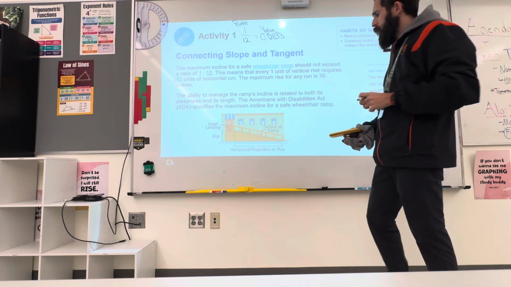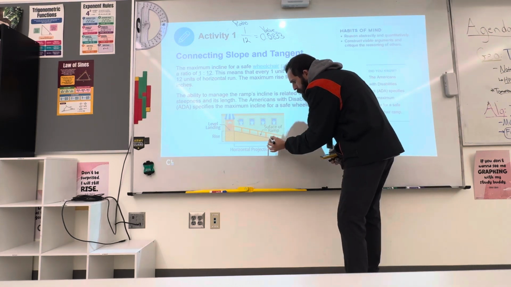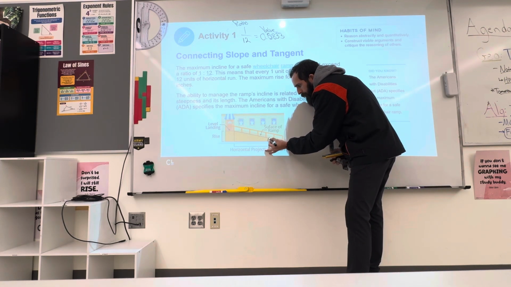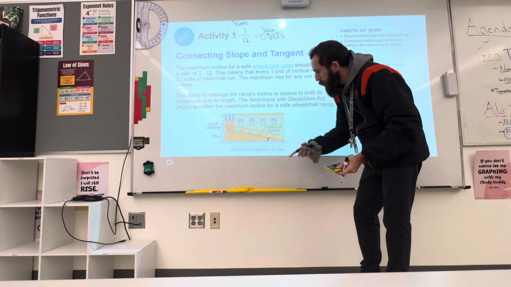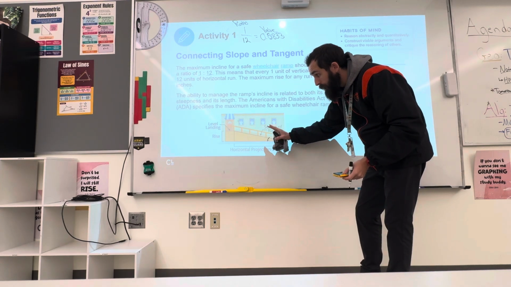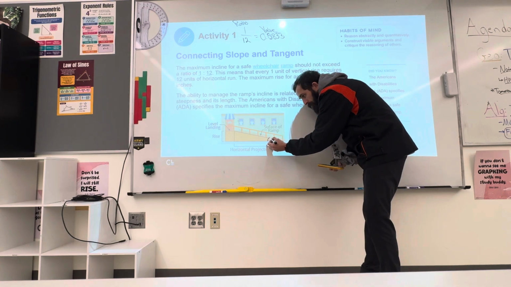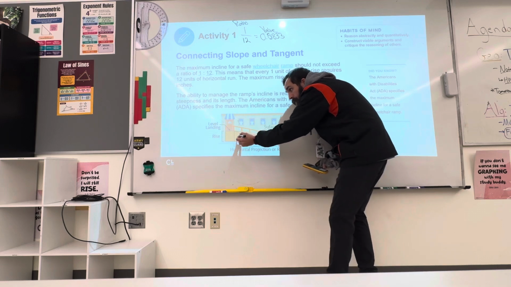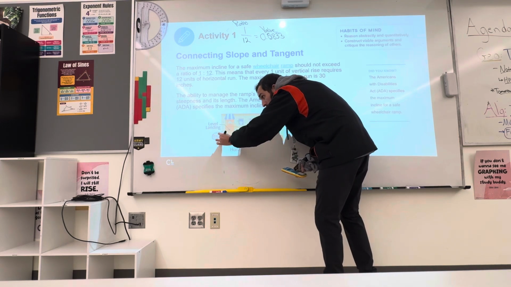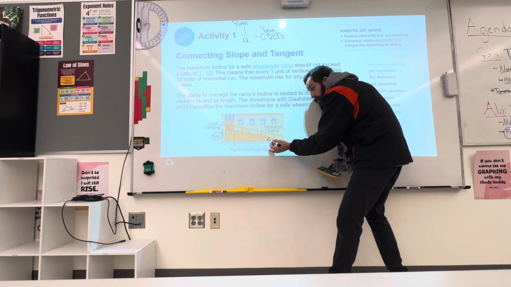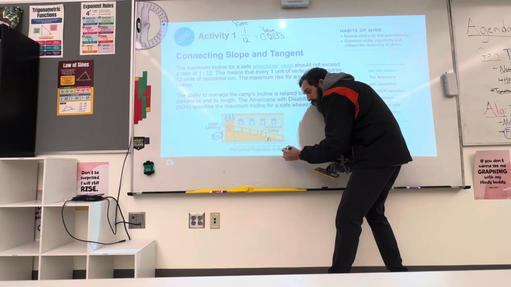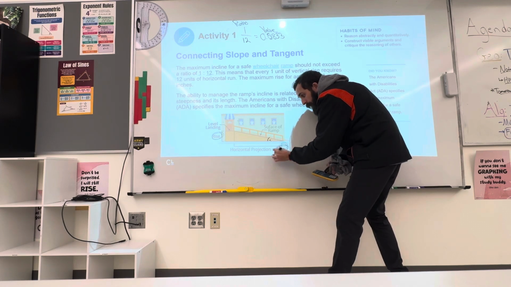So let's look over here real quick, all right? If this is the angle where the wheelchair ramp rises, where it has its incline, what side would be opposite of this? The rise. The rise is the opposite. What side is adjacent? The run is adjacent.